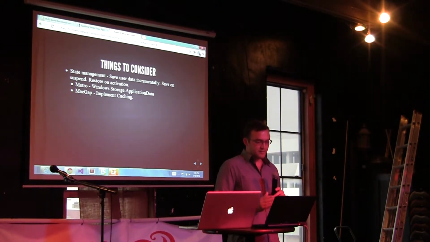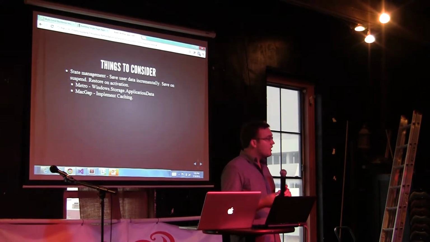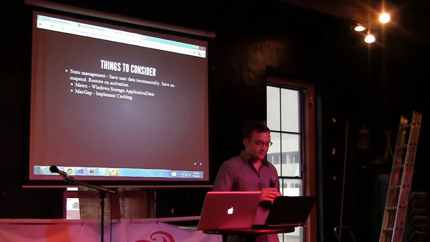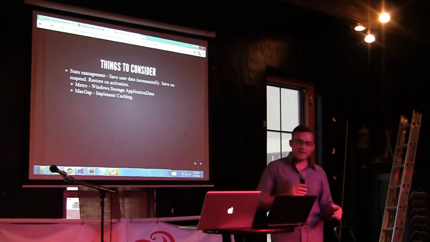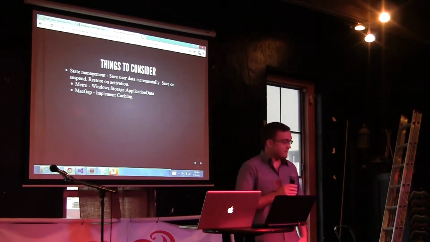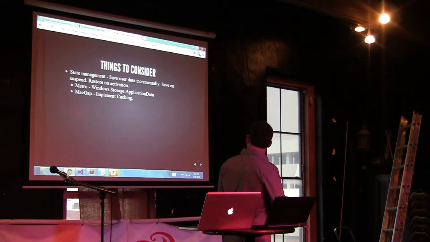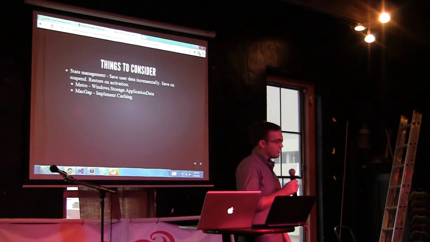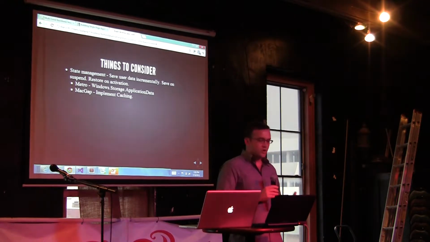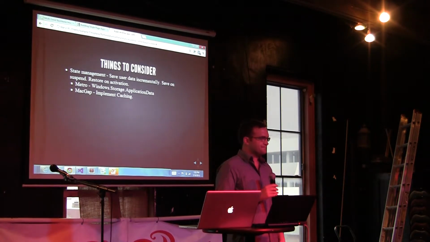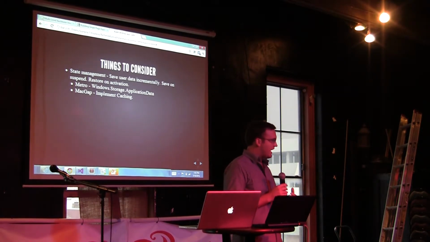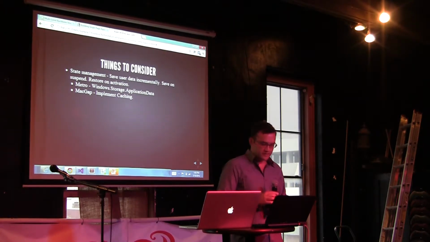And so to do that, you need to be able to save state and then restore that state on reactivation. Within Windows 8, you can do that via the application data object. Within Mac app, you probably have to implement your own caching solution, use local storage, or maybe IndexedDB or something, and pull it back out on relaunch.